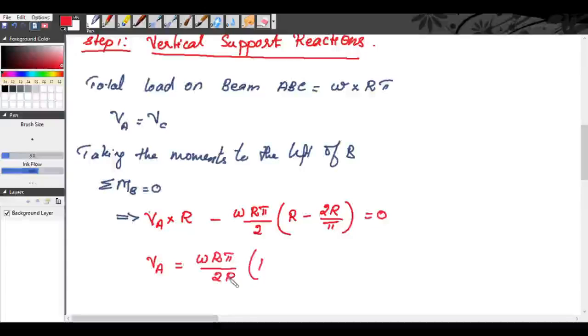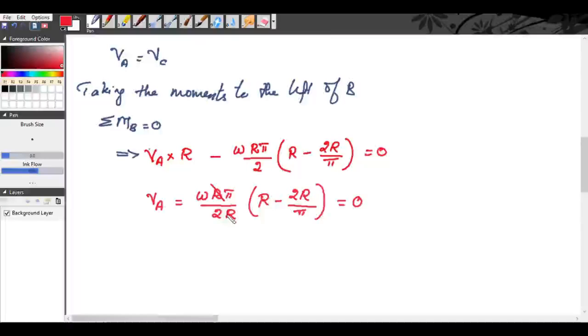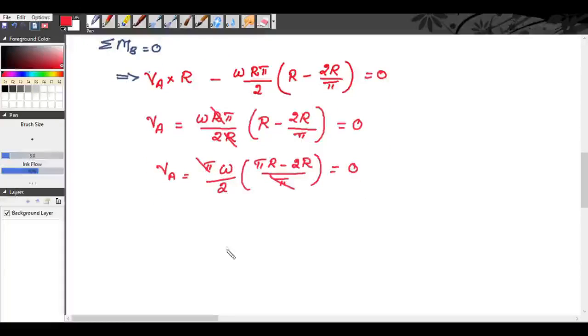This R, you can bring it to the side, and you can cancel this R. So you get VA is equal to W by 2 into pi R minus 2R by pi, you can cancel this pi, and take R out.